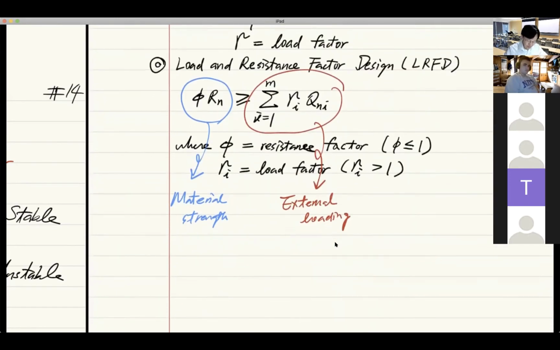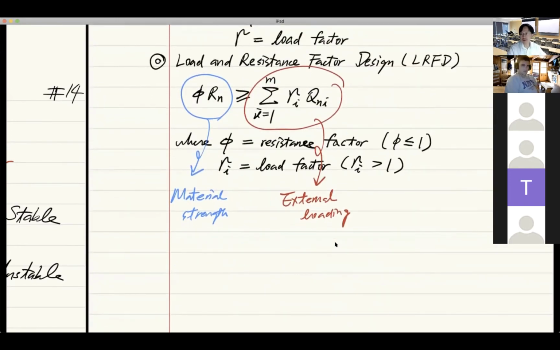Now, if you look at this, another higher-level understanding of this is this. You can also consider external loading as your demand, or you can call it structural design demand. What about the one on the left? That's your design supply.